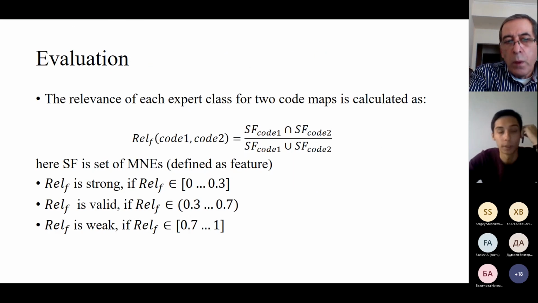В качестве функции оценки мы используем отношение пересечения набора извлеченных именованных сущностей из двух подколлекций к их объединению. Если функция принимает значение strong, то мы говорим об уверенной классификации по данному экспертному классу. Если valid, то экспертный класс будет выступать в качестве дополнительного классифицирующего признака. Если weak, то по данному экспертному классу мы не будем включать коллекцию.